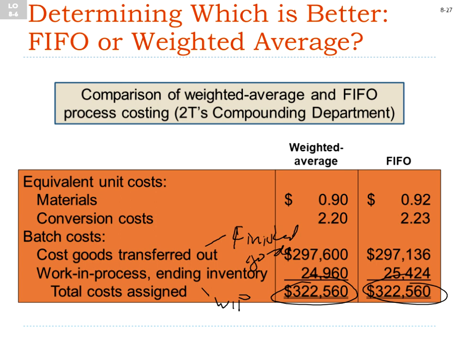When something is in finished goods, that's already one step away from going into cost of goods sold, which is an expense. Work in process is still an asset.